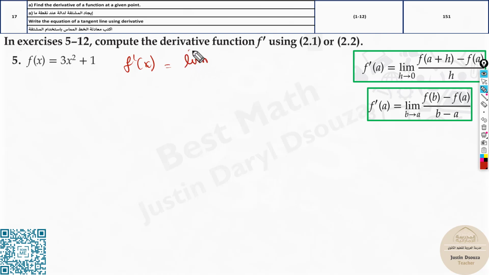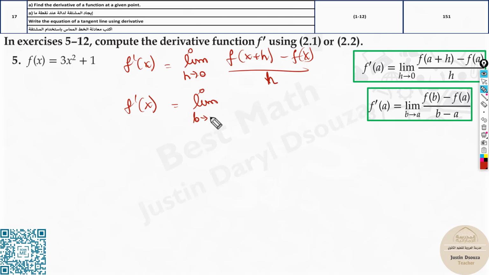That will be limit as h tends to 0, f of x plus h minus f of x divided by h. The second formula becomes, again with x, limit as b tends to x, not a, because we don't have an a value, of f of b minus f of x divided by b minus x.